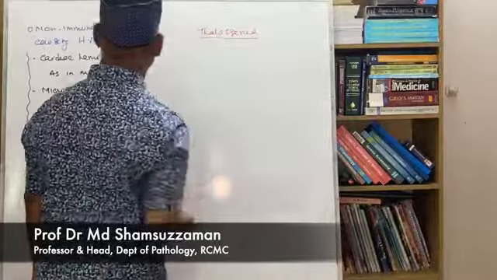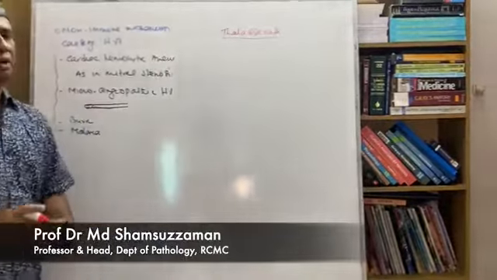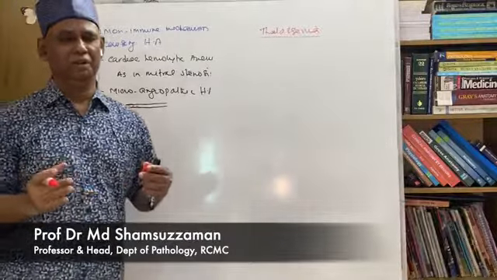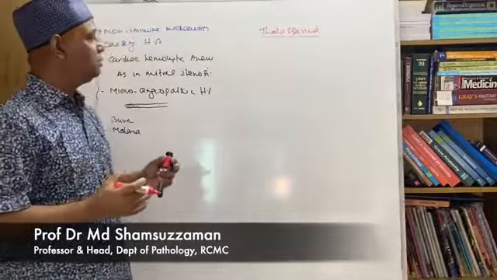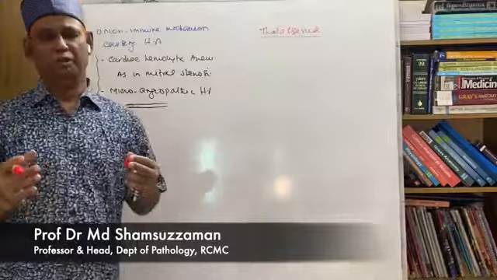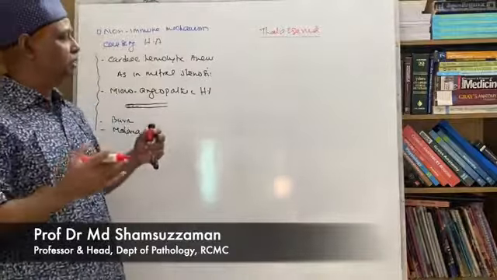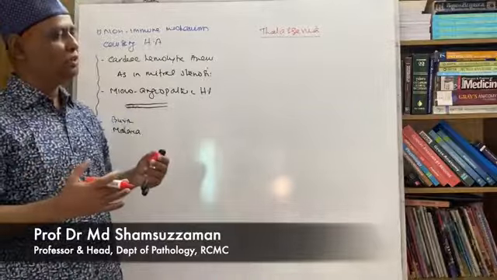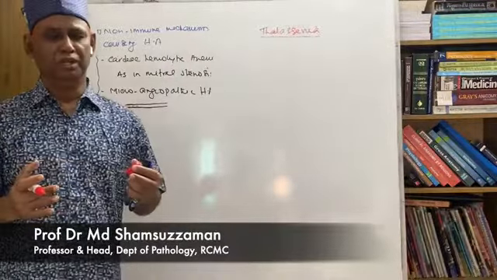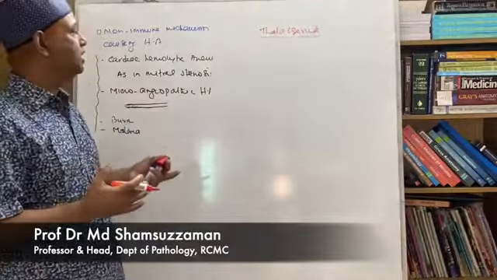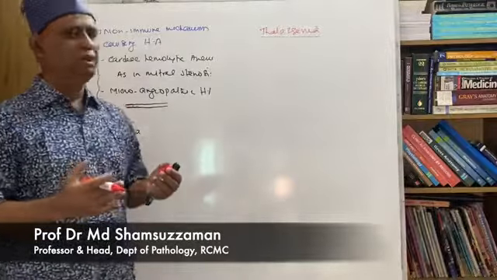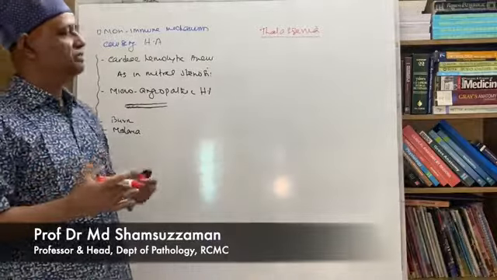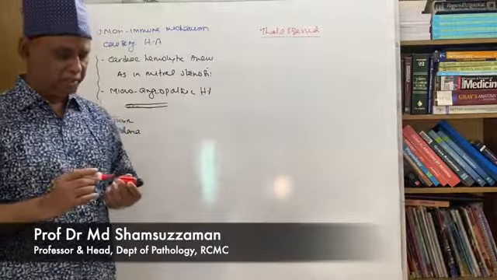Dear audience, in the last class I have told you the differential diagnoses of iron deficiency anemia. Iron deficiency anemia causes microcytic hypochromic anemia, thalassemia also causes that, sideroblastic anemia also causes that, and also anemia in chronic diseases. So thalassemia, sideroblastic anemia, and anemia in different chronic diseases are the differential diagnosis of iron deficiency anemia.